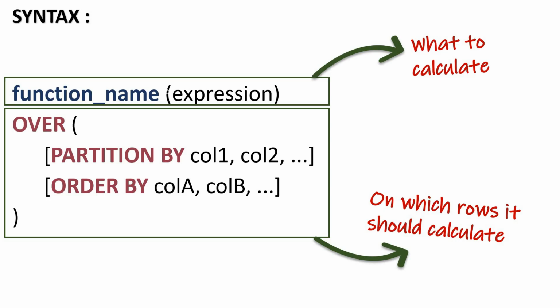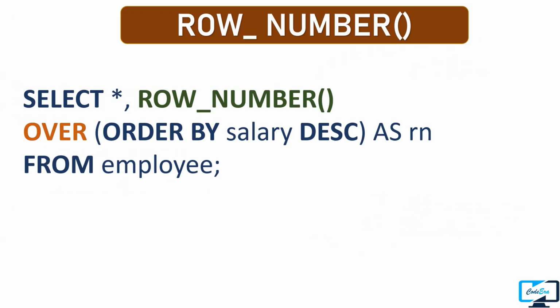Now that we have understood the general syntax, let's apply it to our first window function, which is row number. So now let's see our first example of row number. Here we have written select star comma row number over order by salary descending from employee. We have written order by salary descending in the over clause.